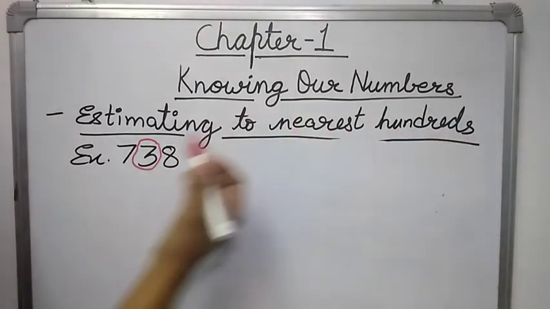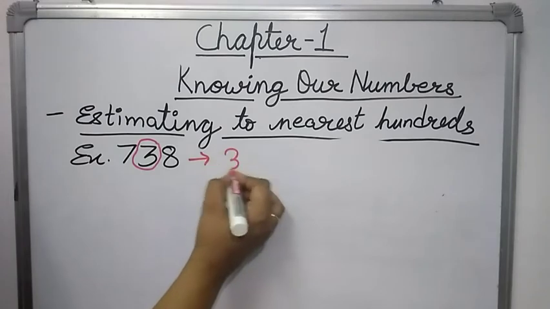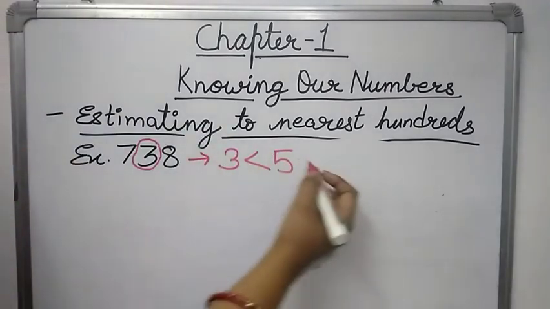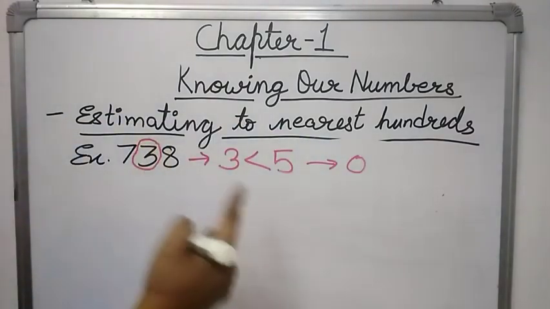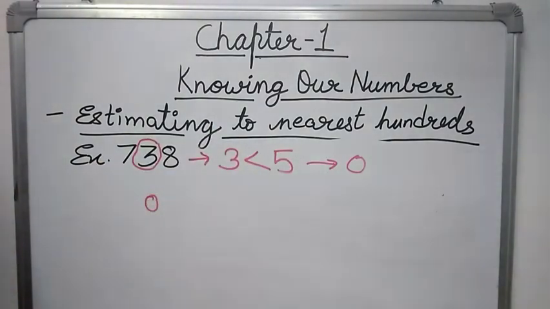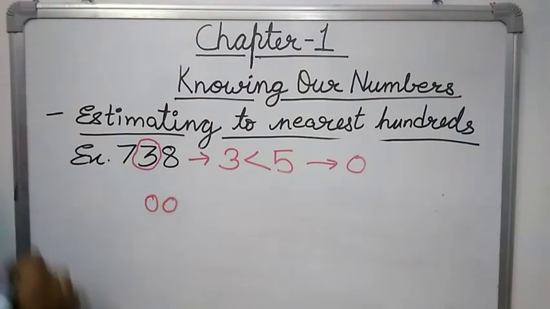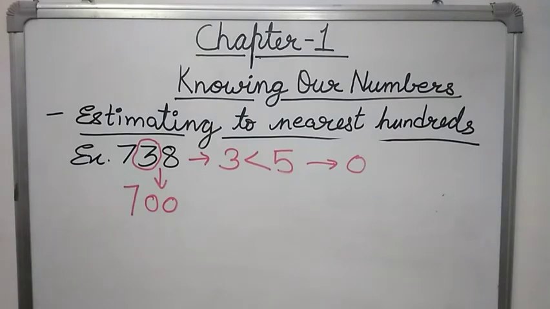Now for nearest hundred, we will look for the digit at tens place. So this is 3 and it is less than 5. So this will be estimated to 0. So 3 will be replaced with 0. When 3 is replaced with 0, 8 is also 0 and it will be 7. So this 738 is estimated to 700 to its nearest hundreds.